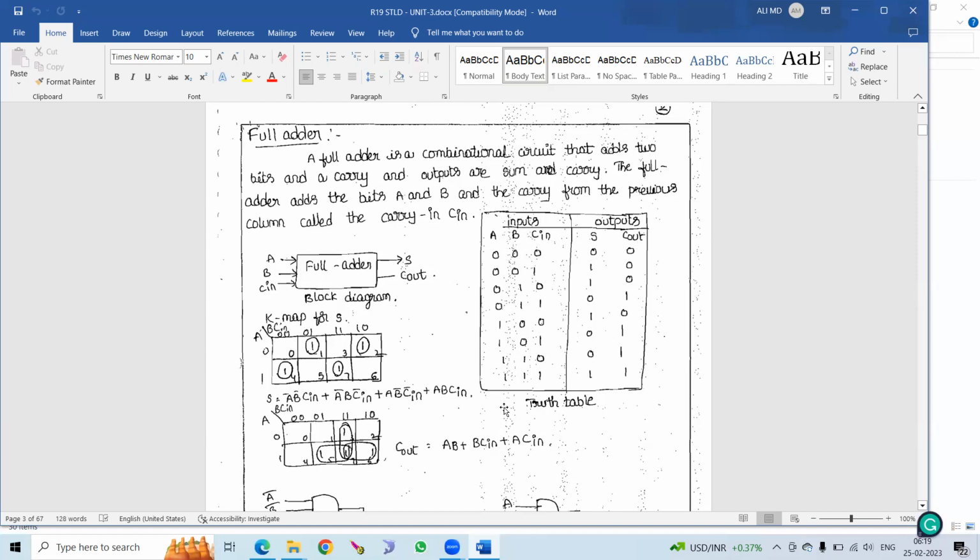Here 0, 0, 0 to 1, 1, 1, that is 0 to 7, gives 8 combinations. The block diagram shows A, B, C in as the three inputs with the respective outputs sum and carry.